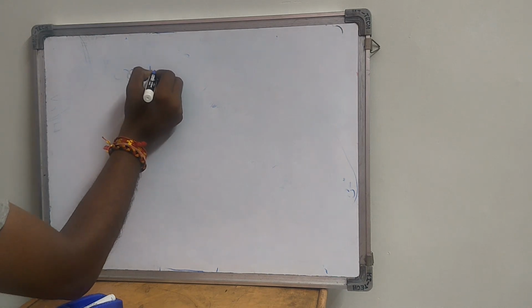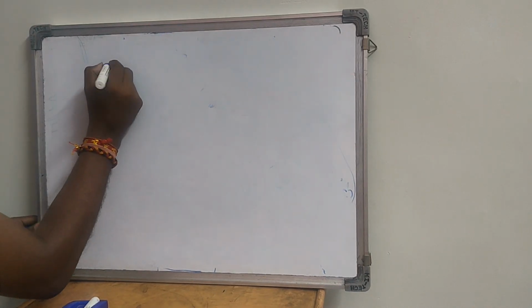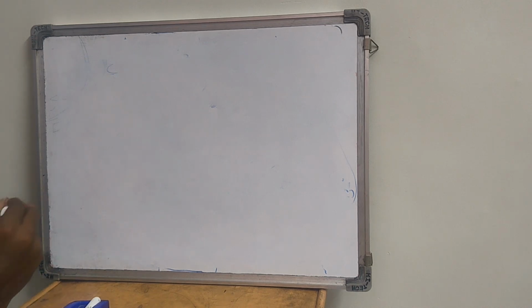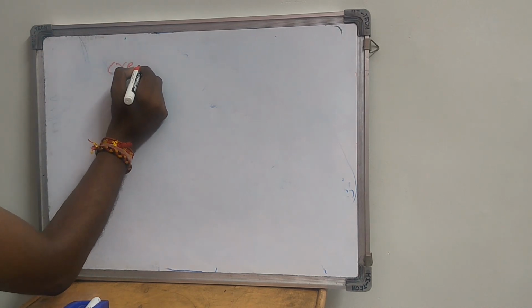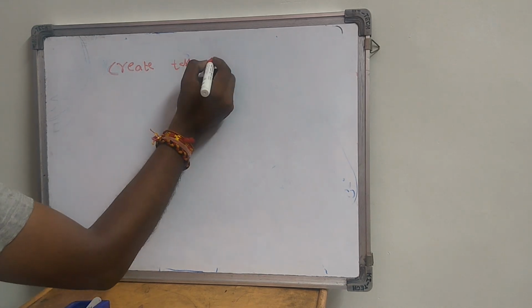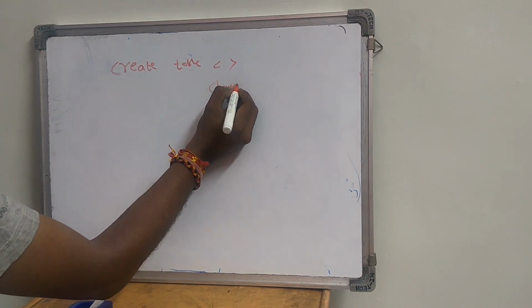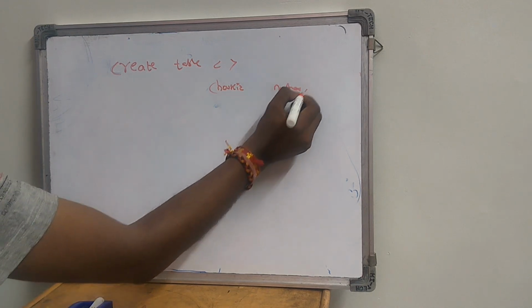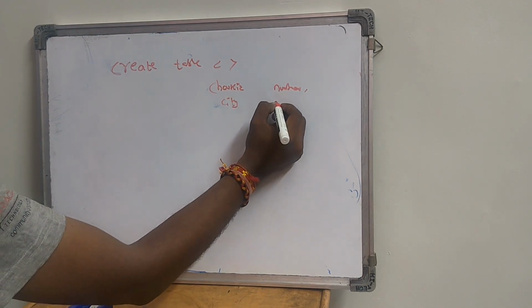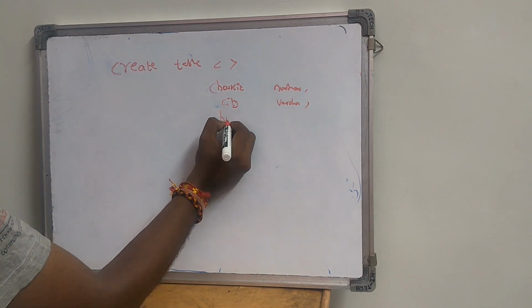If you want to create a table using vector data, you have to create it like this: create table, table name, and then the column names, suppose house ID number, city varchar, house vector.